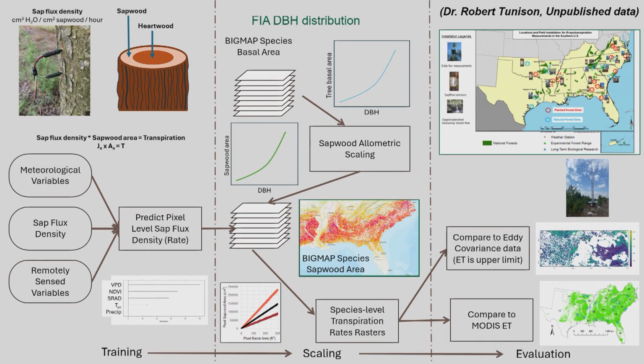So we need to do that, and those are the steps, using machine learning to link FIA plot data, the DBH versus the sapwood area. And there are other validation techniques. We use AmeriFlux towers for our validation.